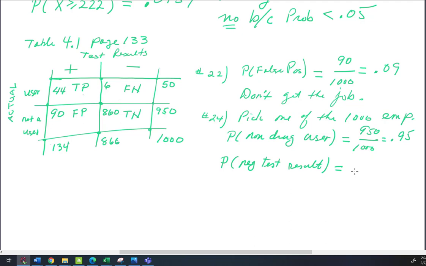Well, how many people get negative test results? 866 out of 1,000 get negative test results. So the probability that I pick at random a person and that person has a negative test result is 0.866, even though 95% of the people do not use drugs.